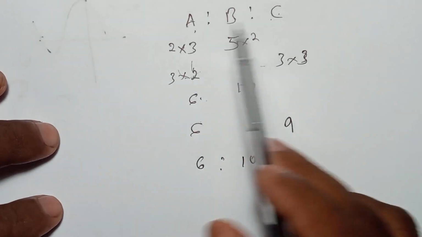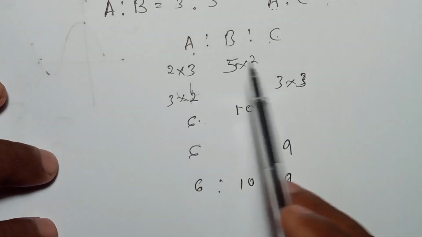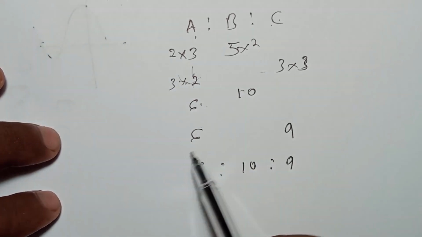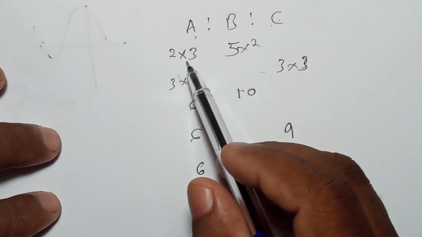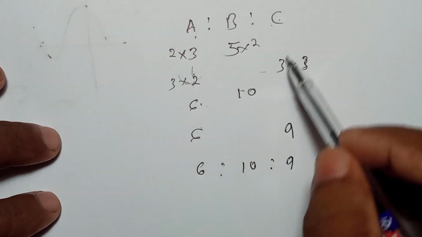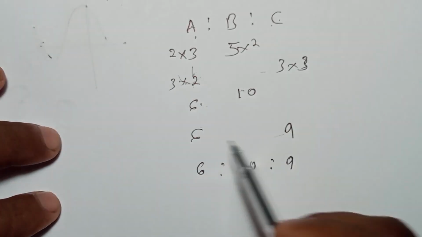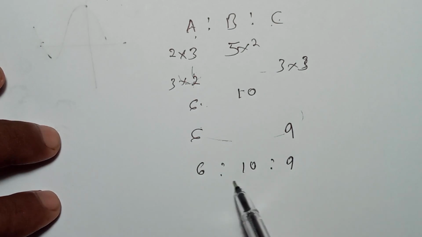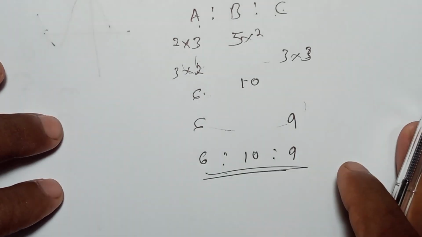How can we combine these three things A, B, C? Here you don't even need to multiply, you can just write 6 directly, and here 5 into 2 is 10, and here 3 into 3 is 9. You don't even need to write this part. Okay, now we have combined all three ratios.